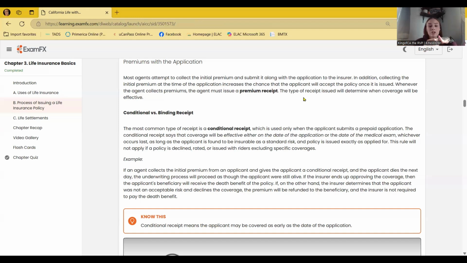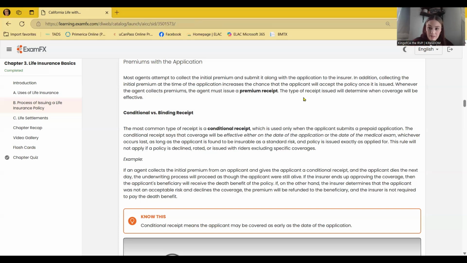Okay, so the conditional receipt marks when this conditional coverage begins. Like I said, this is only if this person was going to be accepted. If they were going to be denied, because of health or some other issue, then this conditional coverage is void. This is only on the condition that they would have been accepted.